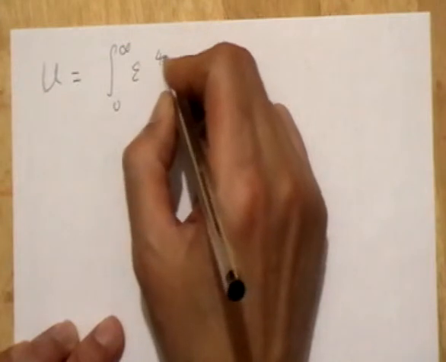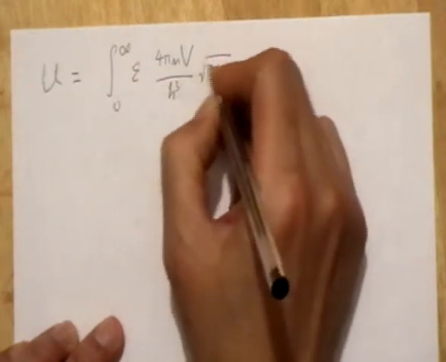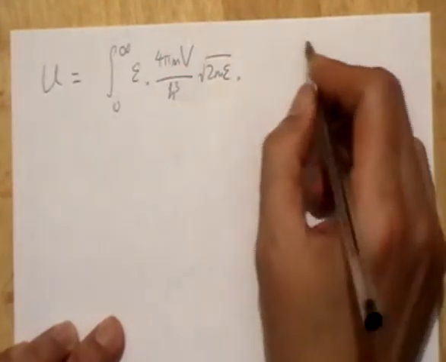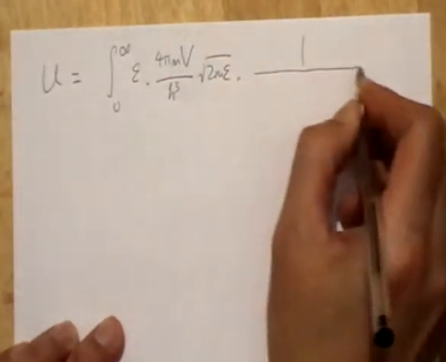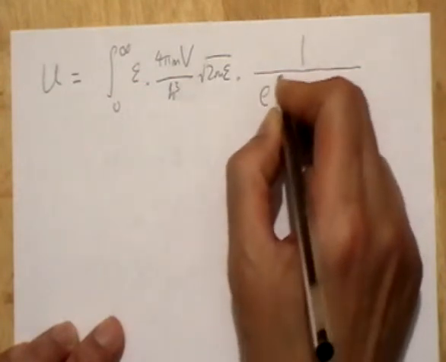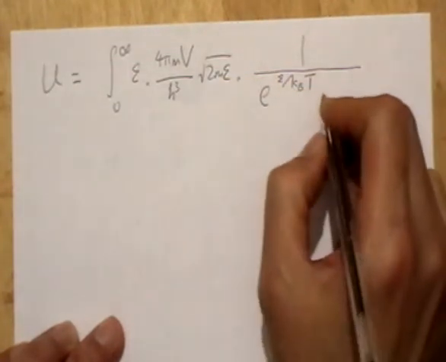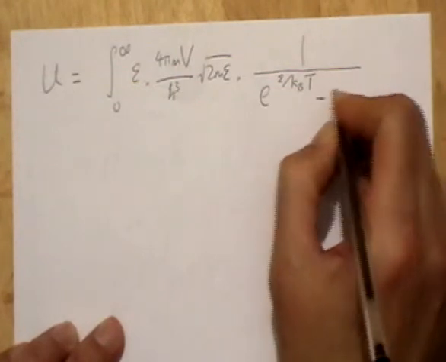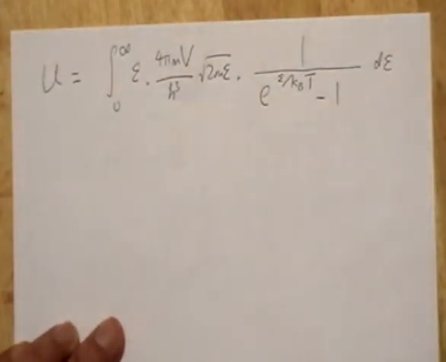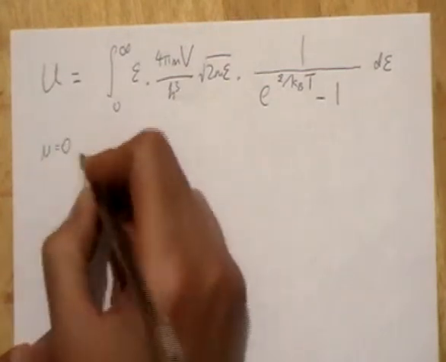Remember, we have 4 pi m V over h cubed, square root of 2 m E. So this is the density of states, and we have the Bose-Einstein distribution, which is e to the power of energy over kBT without the mu anymore, minus 1 dE. Okay, so this is what we have, and what we've done is we've set mu to 0.